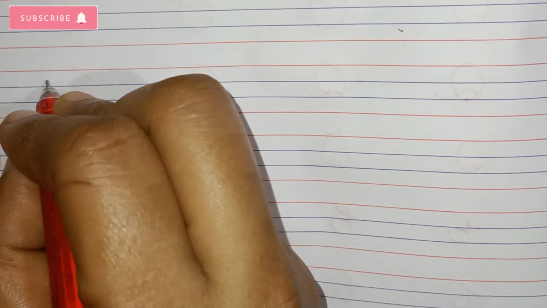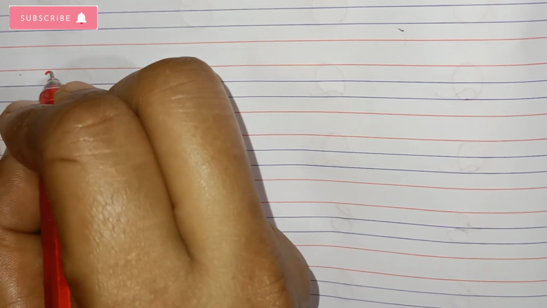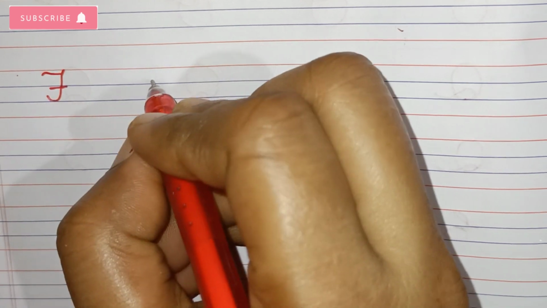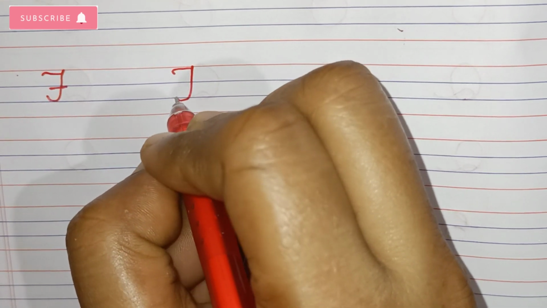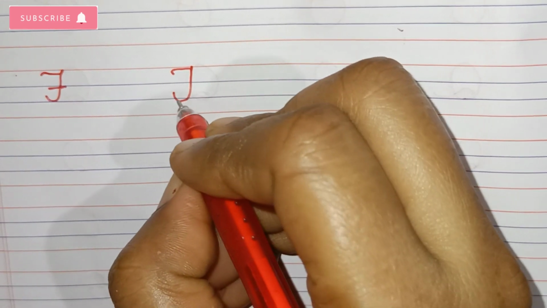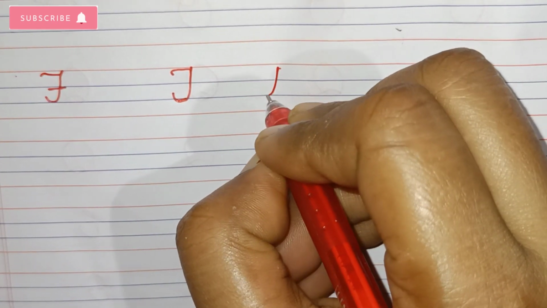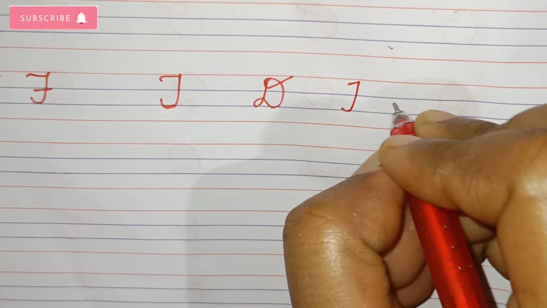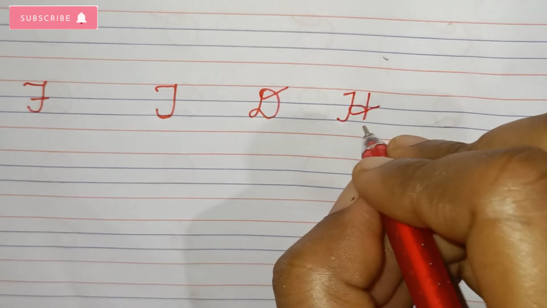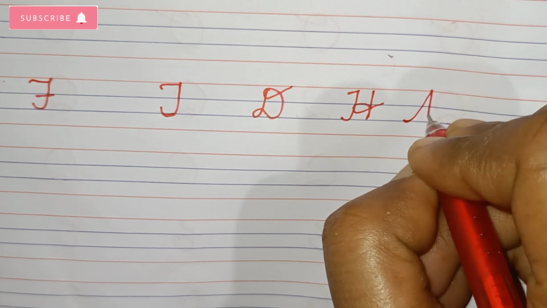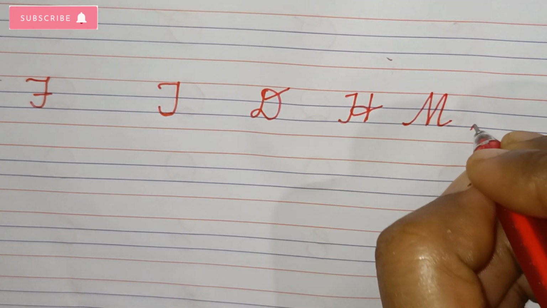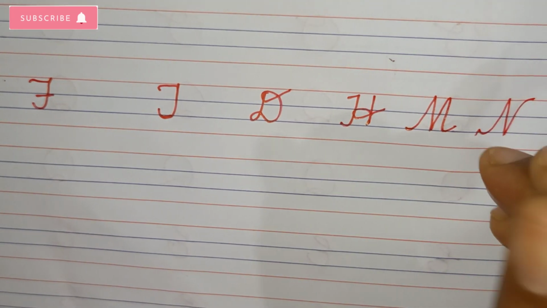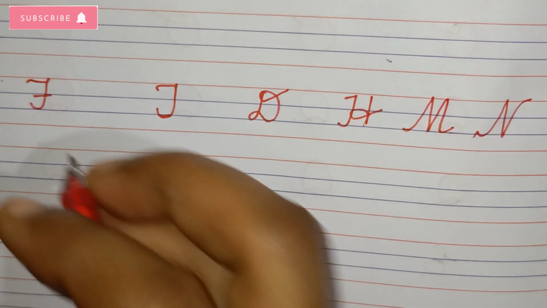So first letter in group number 2 is F. Next letter in group number 2, that's name is T. After that there is G. Then there is H. Last two letters are first M and then N. Okay, so you have to do practice of all these letters many times.